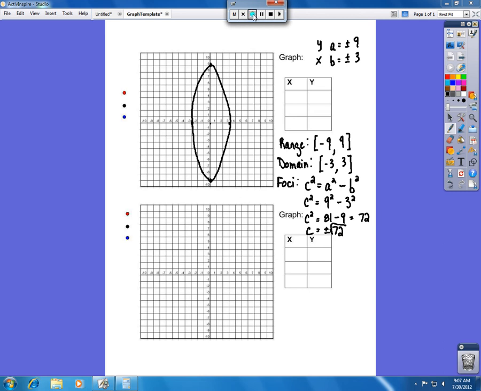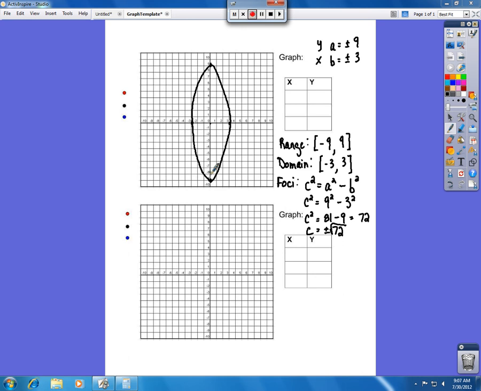In terms of this, you would take your center value for the problem, and then add and subtract the square root of 72. It depends what your major axis is, meaning the longer one.